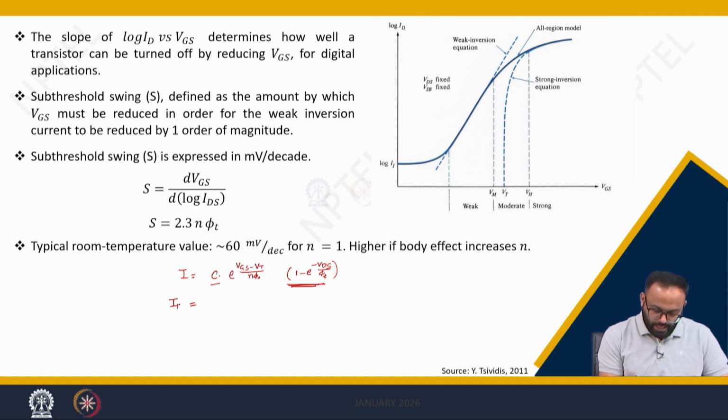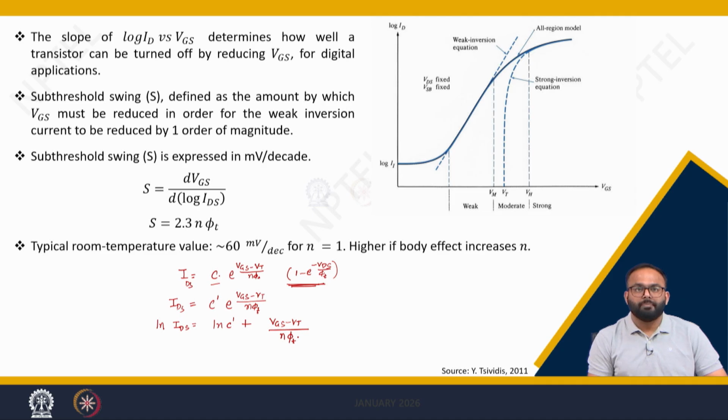So IDS is equal to, let us say, C1 e to the power of VGS minus VT divided by n times of phi t. The better way to represent is to take a log. Log of IDS is equal to log of C dash plus VGS minus VT divided by n times of phi t, right.